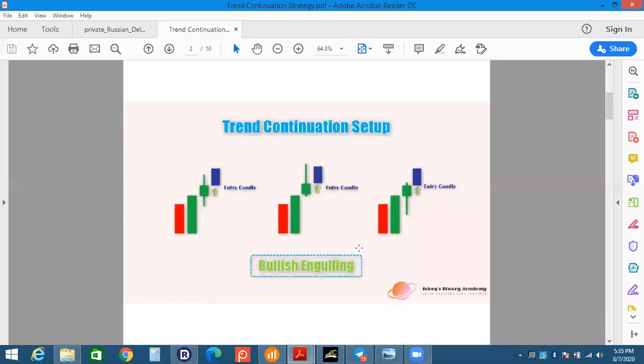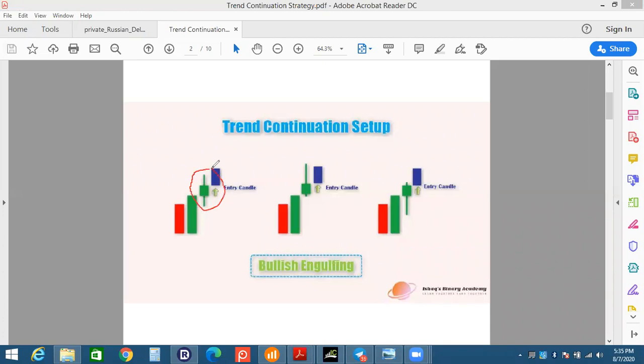before going to the setup, these are 3 candles for the bullish setup. Everyone knows this pattern. This is a spinning top. It's an inverted hammer, or pin bar, you can say, if there is a pin. And that is a hammer or pin above the candle, above the body.